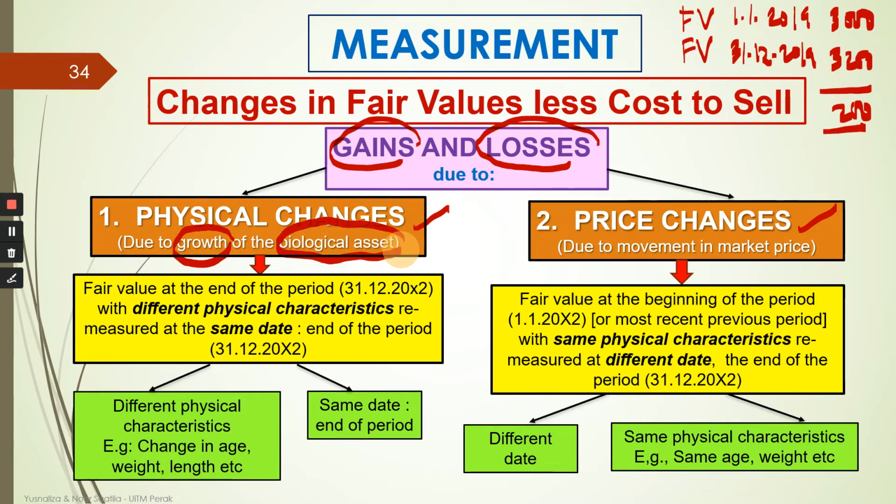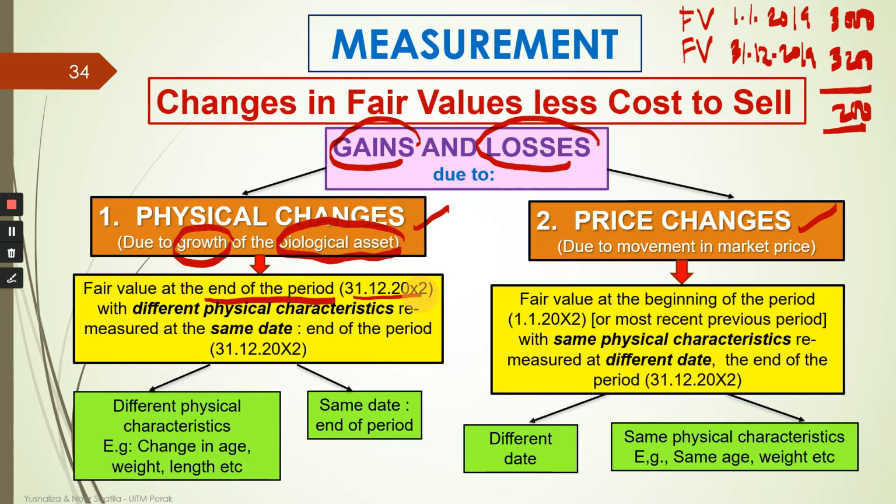So under the measurement of fair value here, we're going to see whether there is a gain or a loss due to physical changes, and we need to incorporate this in the SOPL. When we talk about physical changes, the first one is, what is the fair value at the end of the period, the reporting date, let's say 31st of December 20x2, and we will compare that with the same date but a different characteristic, right?